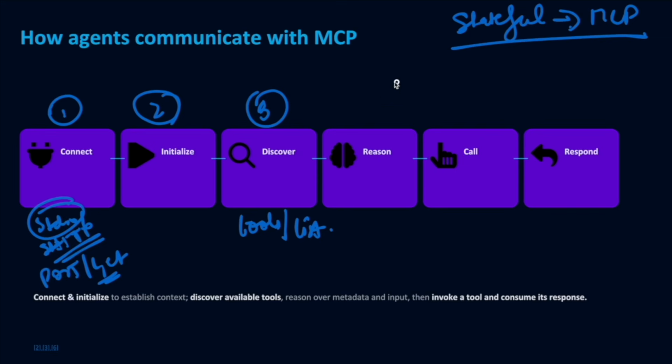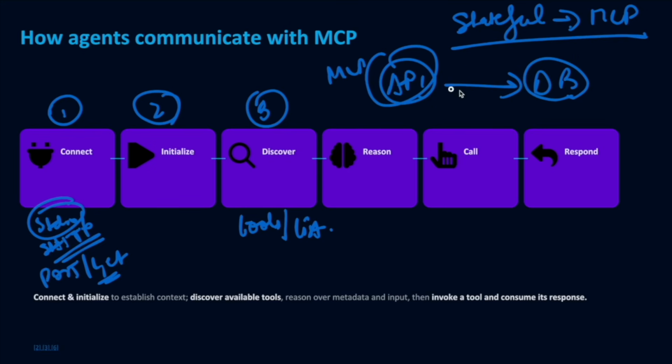A tool can be anything. It can also be an API, an API which is giving you some response or some data. So it is an API call only, just that you will wrap this API in an MCP server. The API will connect with the DB or whatever, and return back the response. Then the MCP will be responsible for maintaining that contract, the particular format in which the agent will receive the response and metadata.